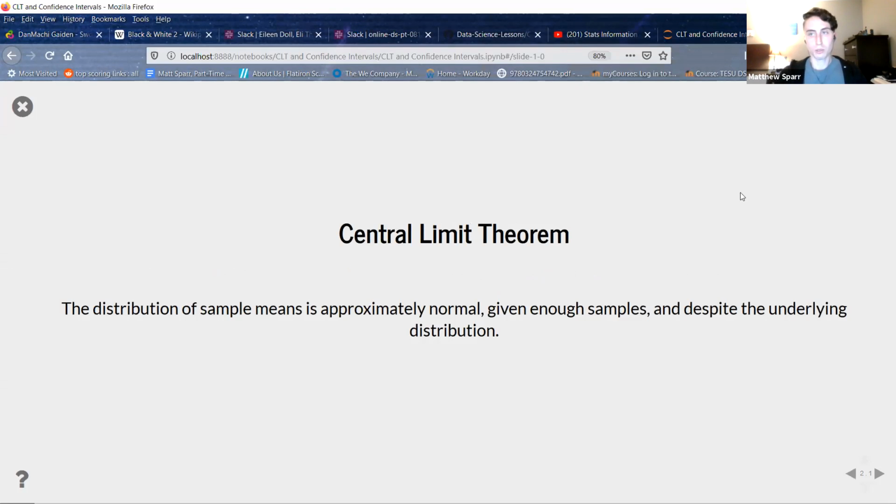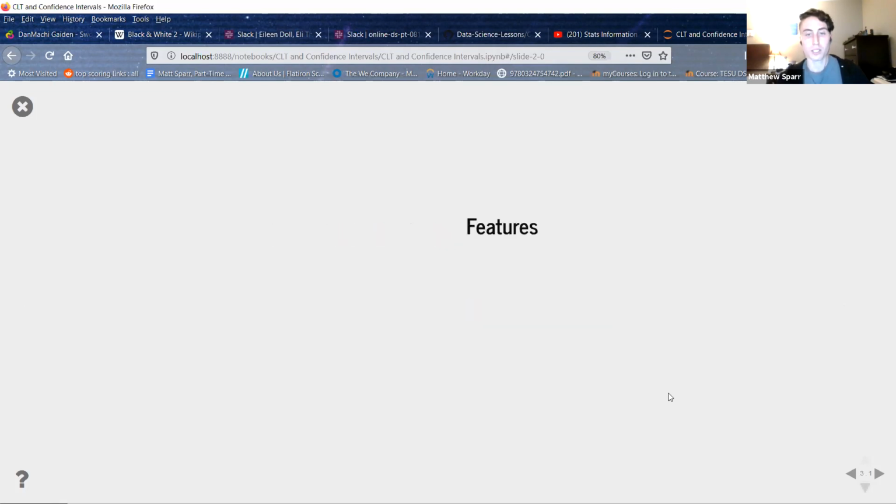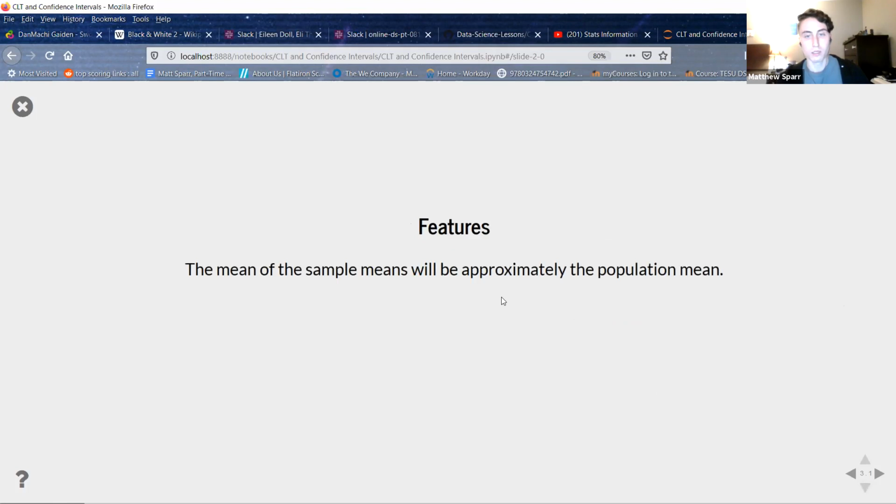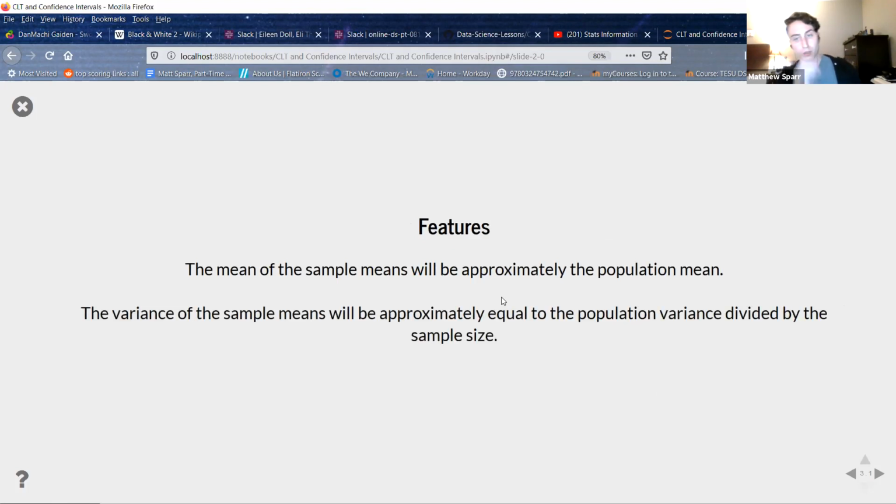So the central limit theorem is basically summarized with this. The distribution of sample means is approximately normal given enough samples and despite the underlying distribution. To show this, there are some features involved with the central limit theorem. The means of the sample means will approximately be the population mean.